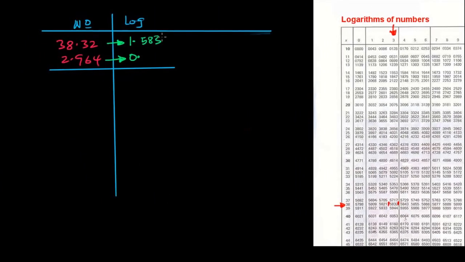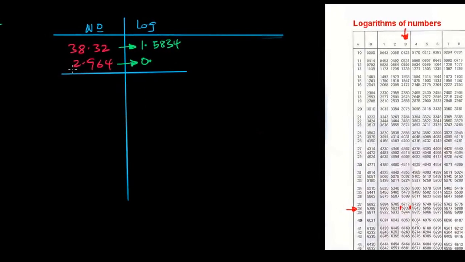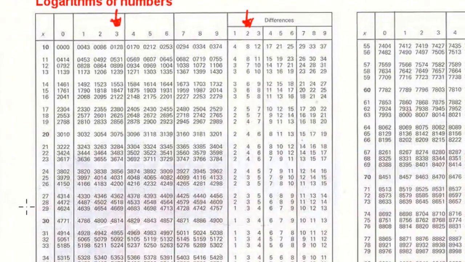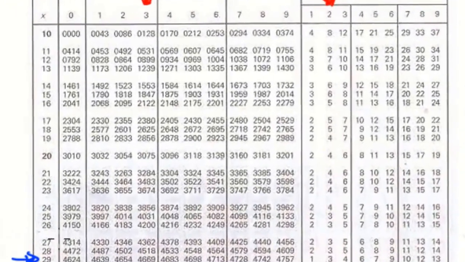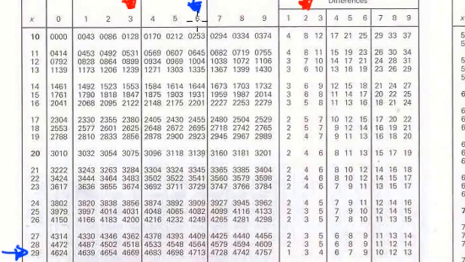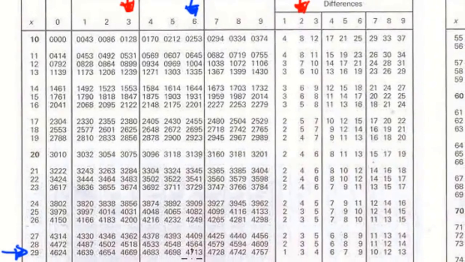The next one is the logarithm of 29 under 6, difference of 4. This is 29 under 6. Just move this down to 29. This is 29 under 6, this number here.